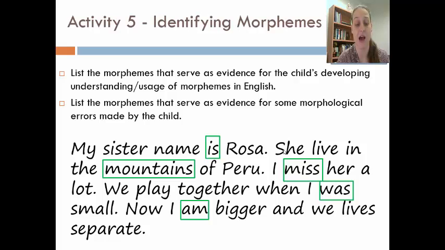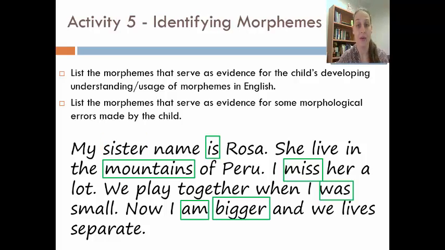The first person singular I. And then bigger, we see that the child has added the inflectional suffix er to the adjective big to modify the word, the adjective, by degree.